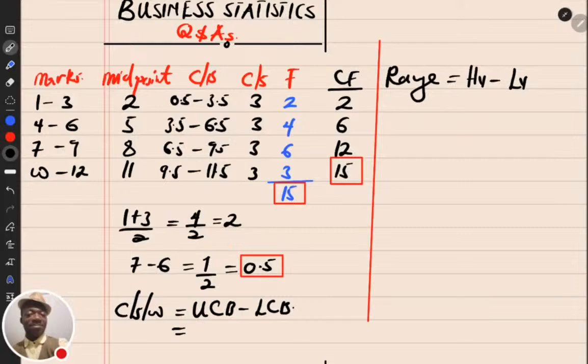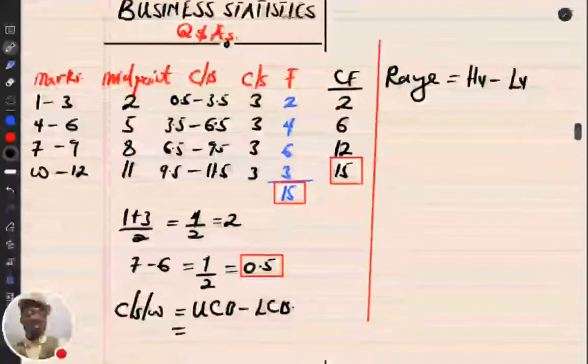As always, you'll be given a data, then the highest value compared with the lowest value will give you the range.